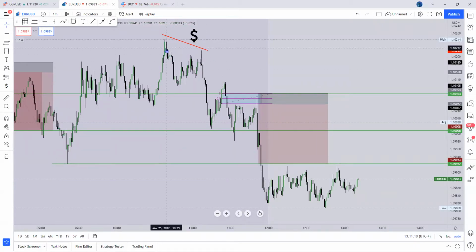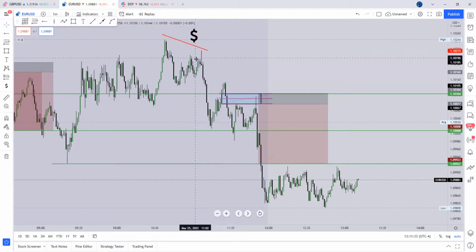If there is any point behind a kind of point of entry, so for example, in this case, we have a mitigation block right here. If there's anything above that mitigation block, we can go for it. But remember that price is lazy.